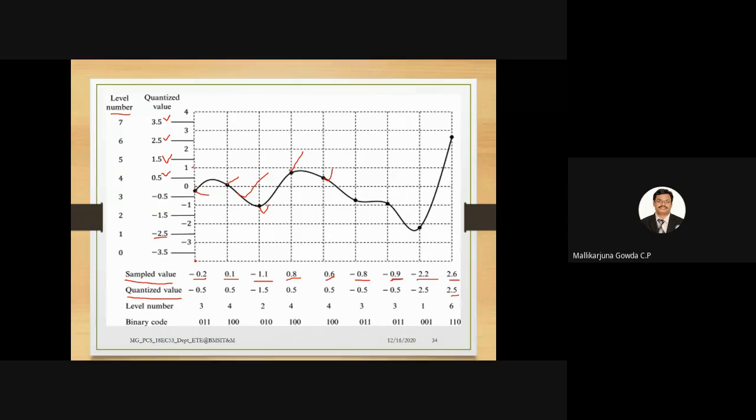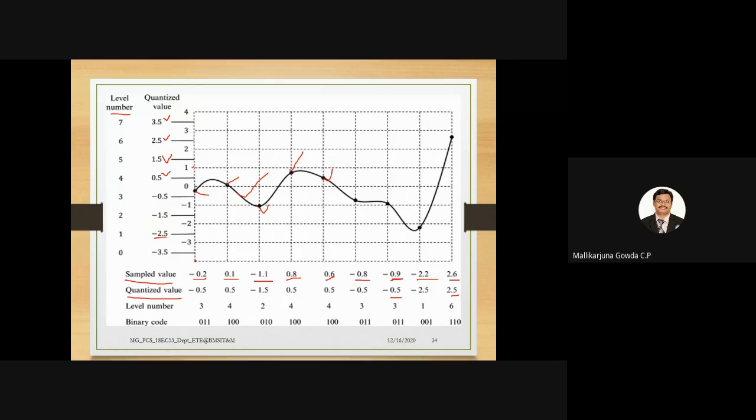Okay, your doubt is that since here it is minus 0.9, you have taken it to minus 0.5, and you are expecting it could be done for minus 1.5 also. But if I round it off to minus 1.5, the error will be more. See, the nearest is minus 0.5 only for minus 0.9.